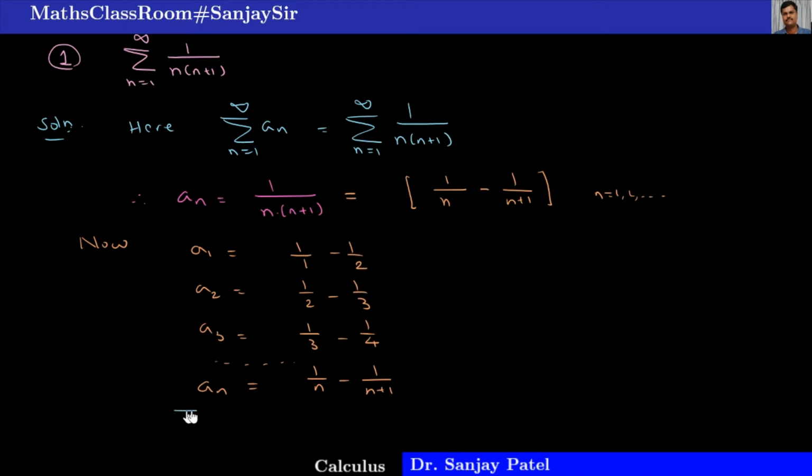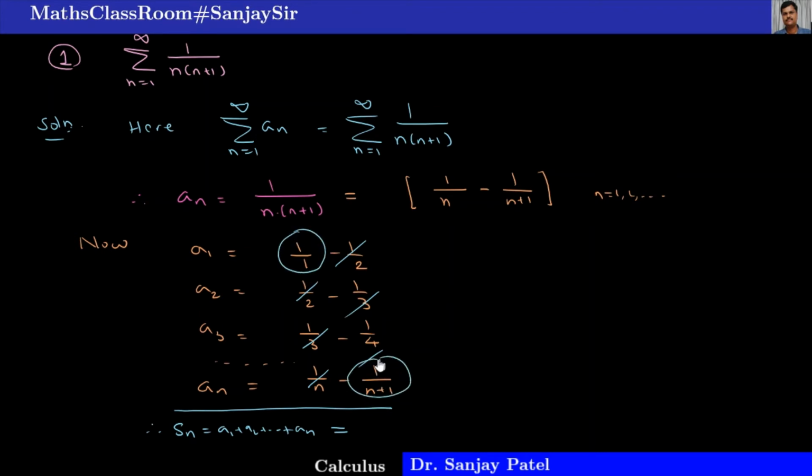If you add, then this is a1 plus a2 plus a3 up to an. So you will get Sn, that is a1 plus a2 plus a3 up to an, which is equal to the sum of all this. Here if you observe, then this 1 upon 2 gets cancelled, 1 upon 3 and so on. This 1 upon n will also be cancelled. So what remains is only the first term, that is 1, and the last term, that is 1 upon n plus 1. So this is equal to 1 minus 1 upon n plus 1.